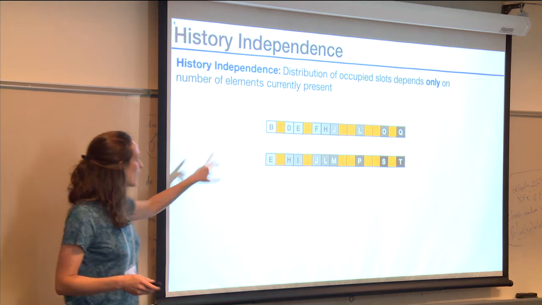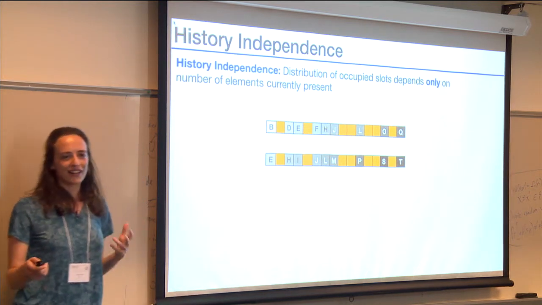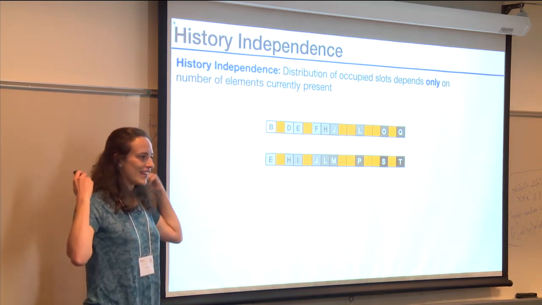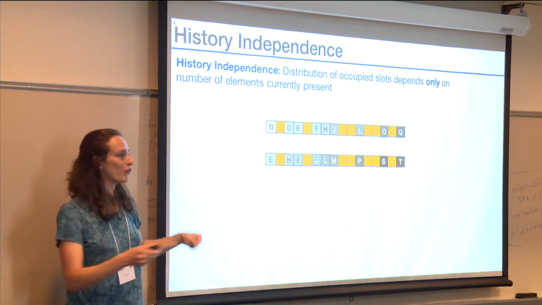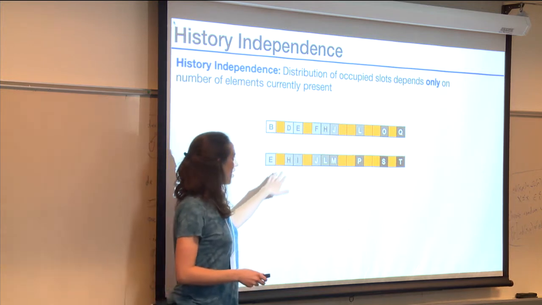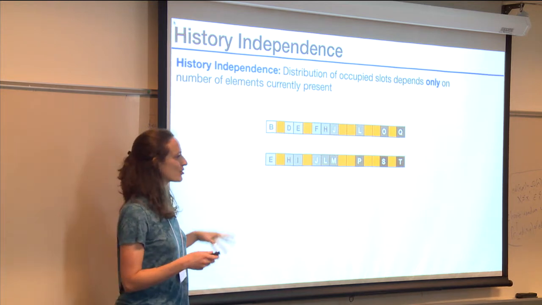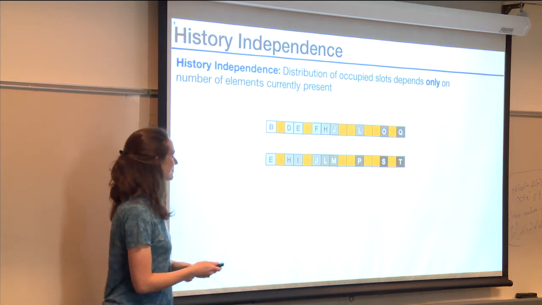So first of all, what is this distribution that I'm talking about? Well, I'm talking about randomized algorithms. So for any randomized algorithm, at any step, after any insertion and deletion, we have a distribution over which slots in the array are full. That's the distribution that I'm talking about. So it's the distribution over the randomness in the randomized algorithm.